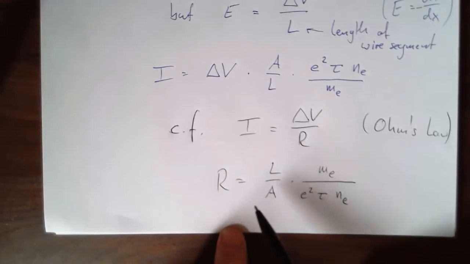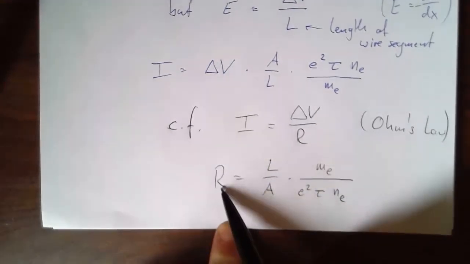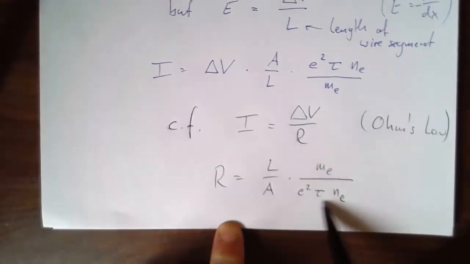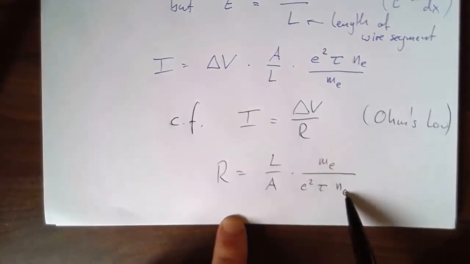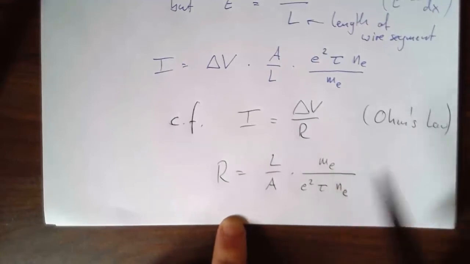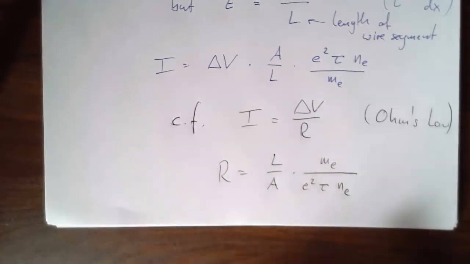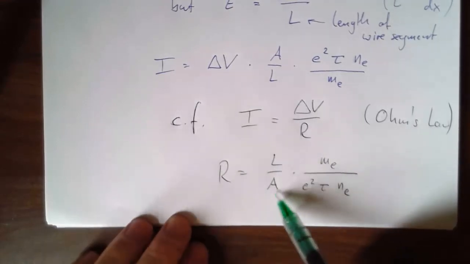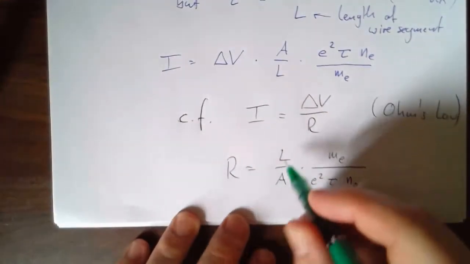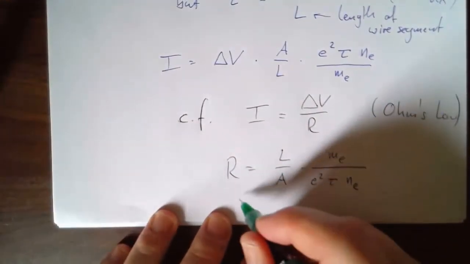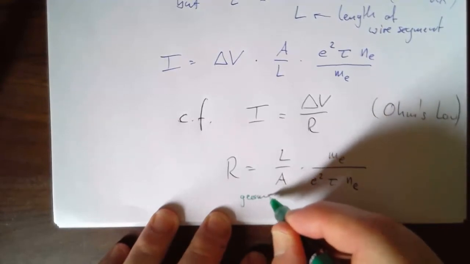Okay, so this would be the resistance in terms of a bunch of stuff that depends on the material that the wire is made of and the properties of electrons. And then those two terms are the geometry of the wire, right? What's the cross section, what's the length. So those two here are the geometry of the wire.